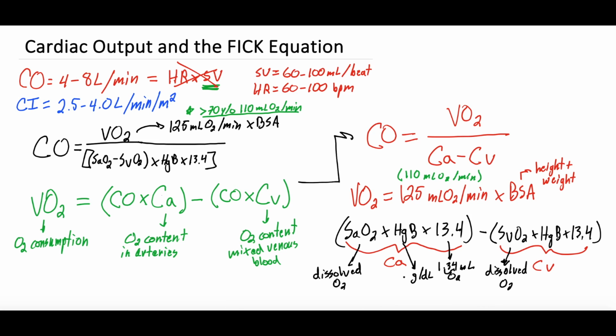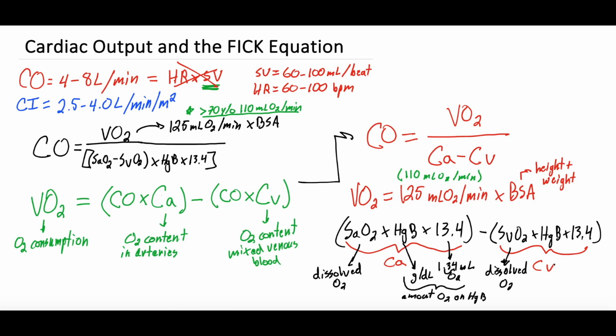So then what you're really getting here, right, is the amount of oxygen on hemoglobin times that amount of oxygen dissolved in the blood. And the same thing over here, right? It's equivalent. Hemoglobin 13.4, so the amount of dissolved oxygen in the veins, and then with the amount of oxygen on hemoglobin.